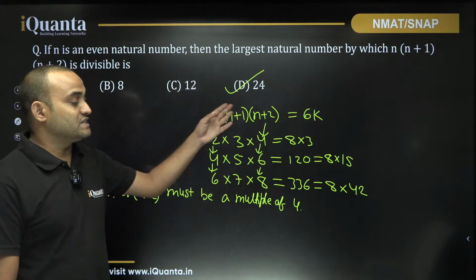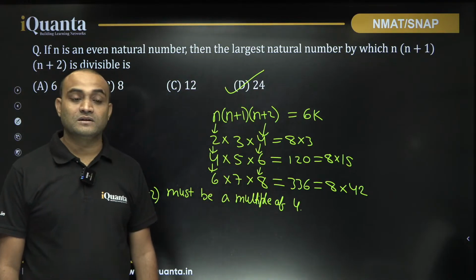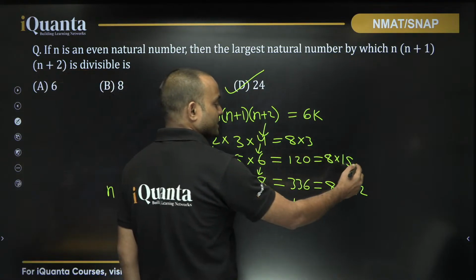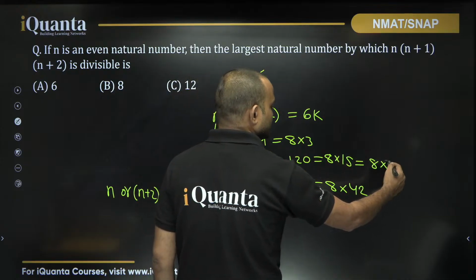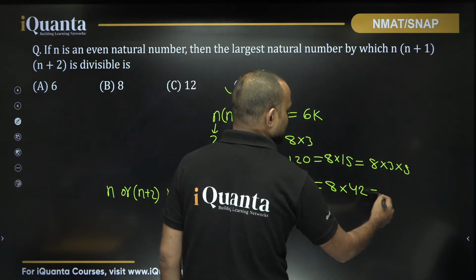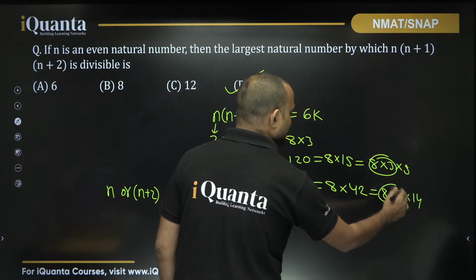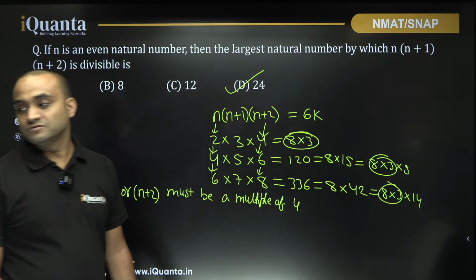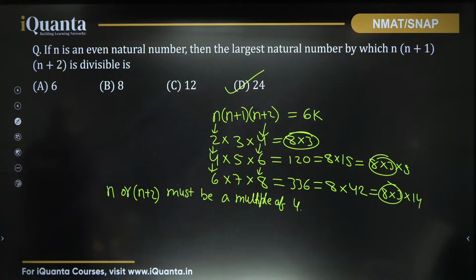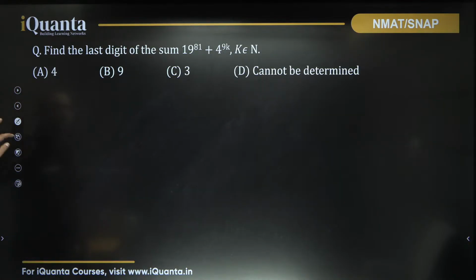So each of these is divisible by 8 as well as 3. This I can write 8 into 3 into 5. This I can write 8 into 3 into 14. So 8 into 3 सब में कॉमन आएगा. So it will be divisible by 24, है ना? चलो, good. Now let's try this one.